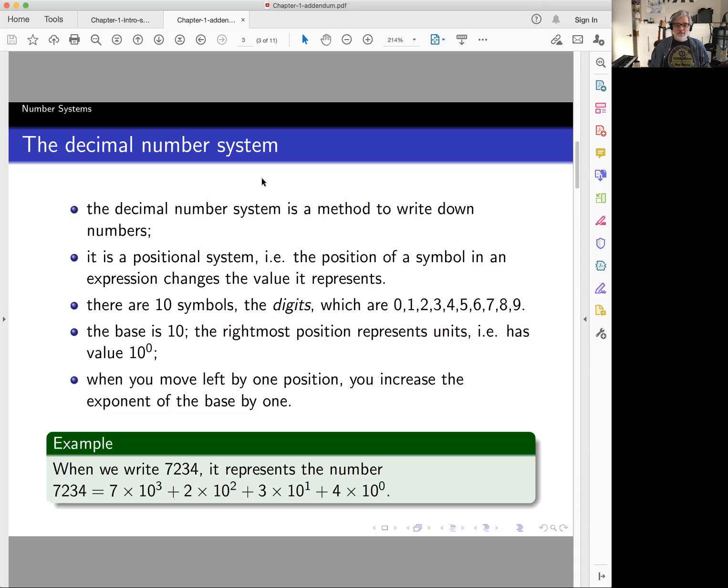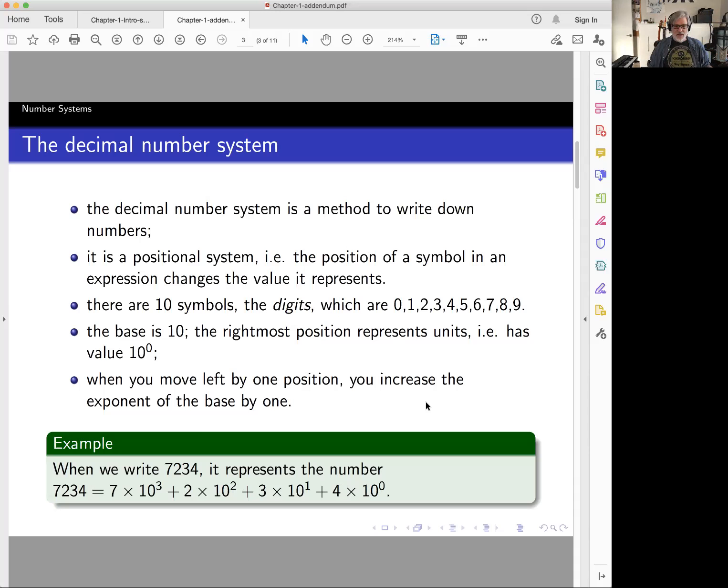So for example, if you write in decimal 7, 2, 3, 4, this sequence of symbols, which number does it represent? It represents the number 7 times 10 power 3, plus 2 times 10 power 2, plus 3 times 10 power 1, plus 4 times 10 power 0. Hopefully, everybody is good with that.